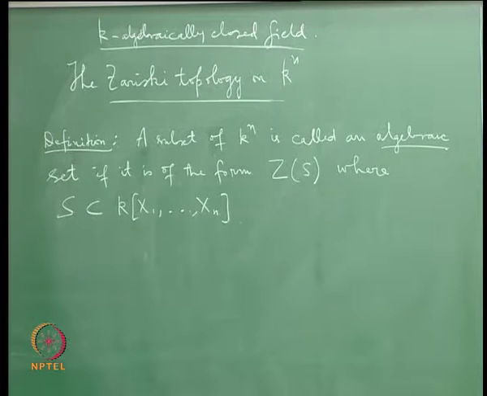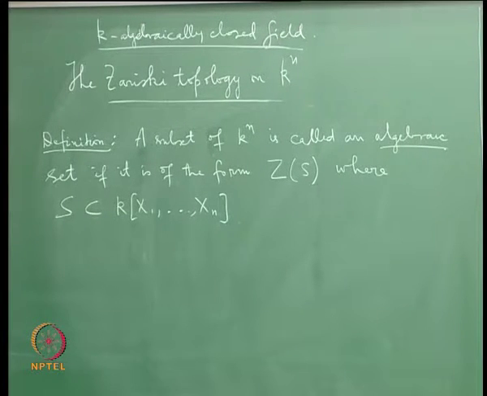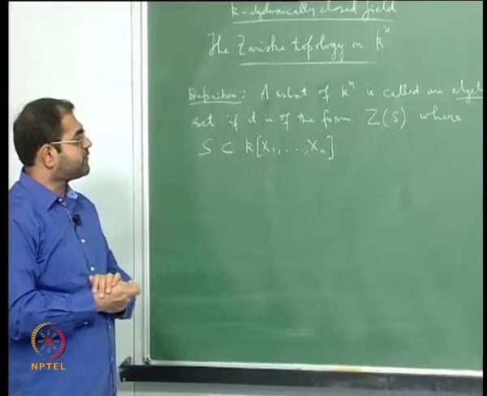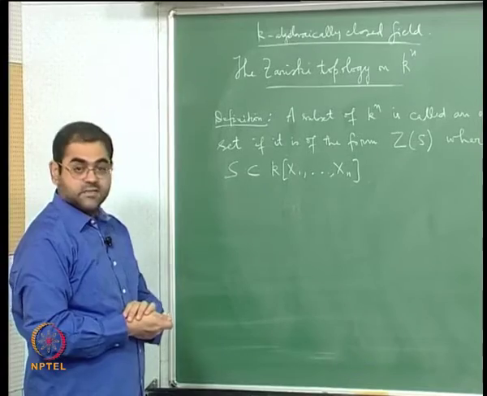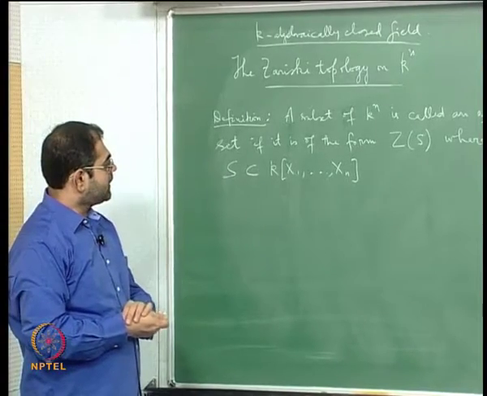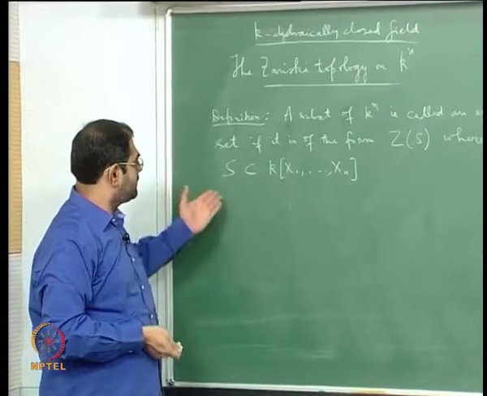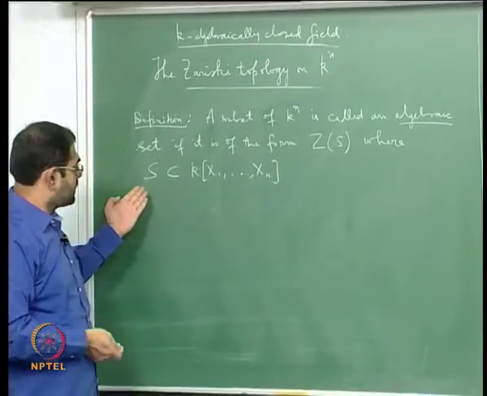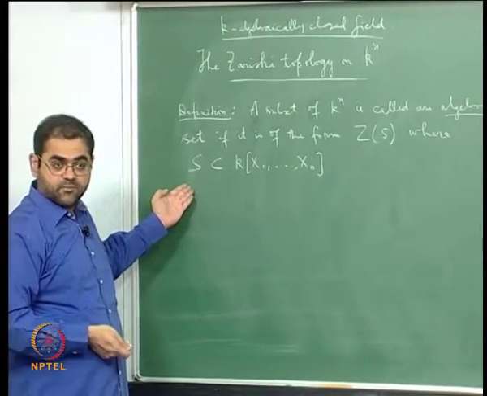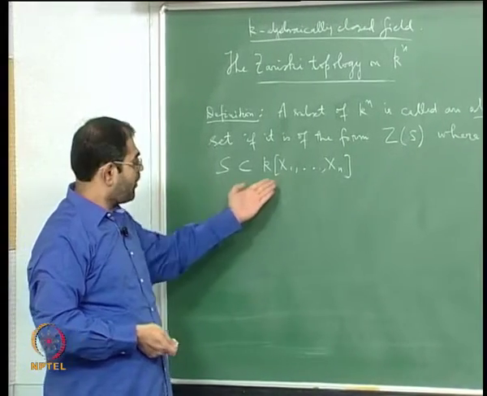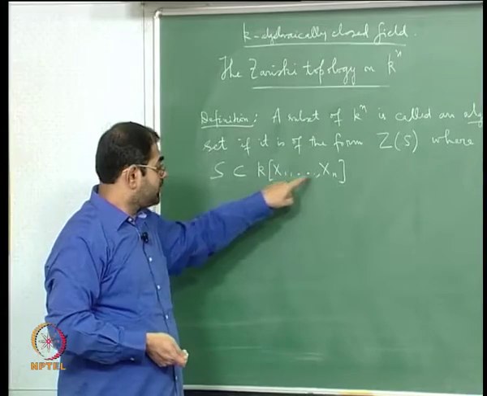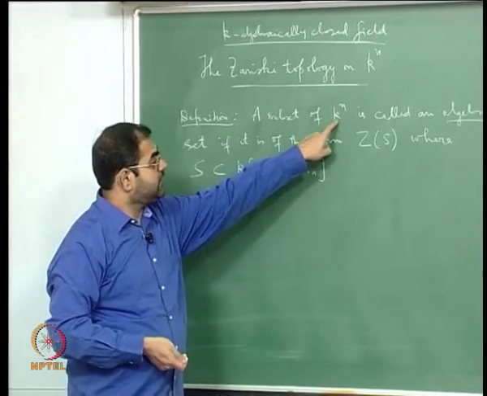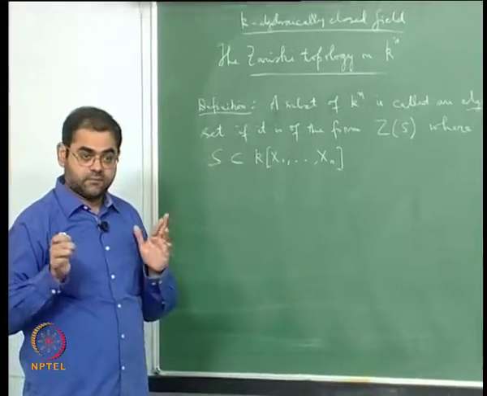An algebraic subset of K^n, which is K cross K cross K n times, the Cartesian product of K with itself n times, is nothing but the locus of common zeros of a certain collection of polynomials, a subset of the polynomial ring with the same number of variables as the number of copies of K you are starting with.